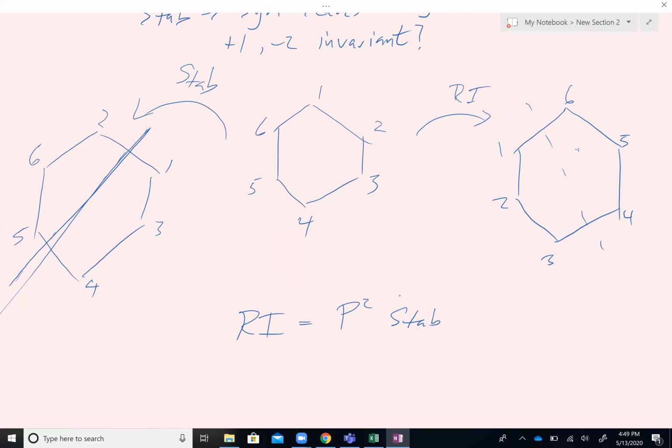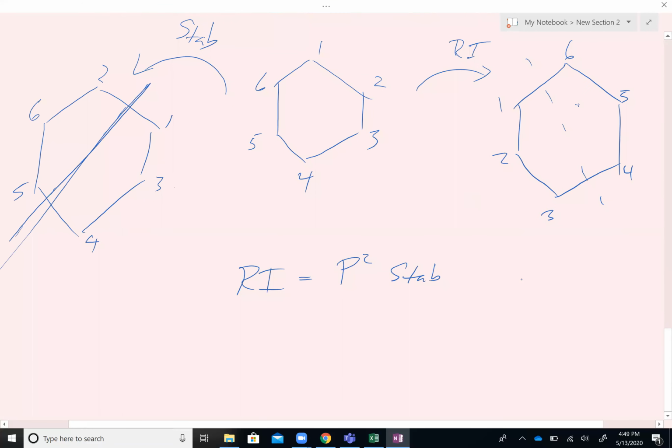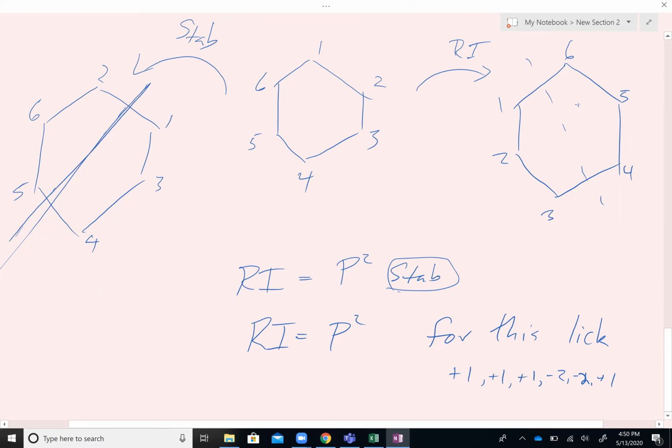And of course, the point is that the stabilizer, when acting on this particular lick, doesn't do anything. So for as long as I'm just acting on this one lick, doing 2 phases is going to be the same thing as doing a retrograde inverse.